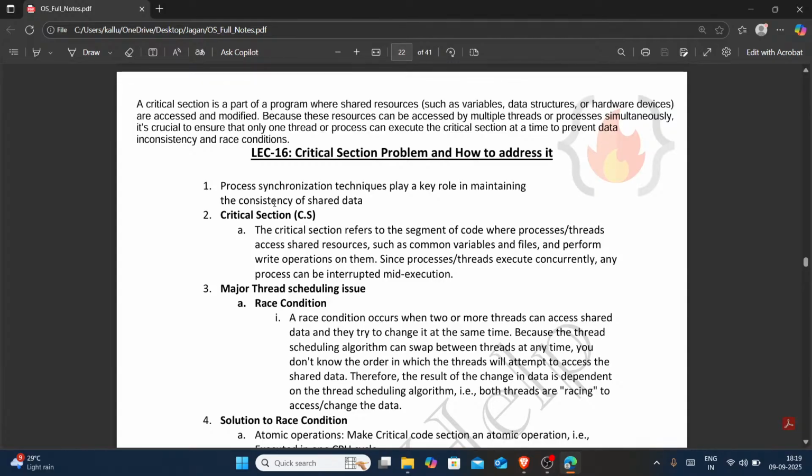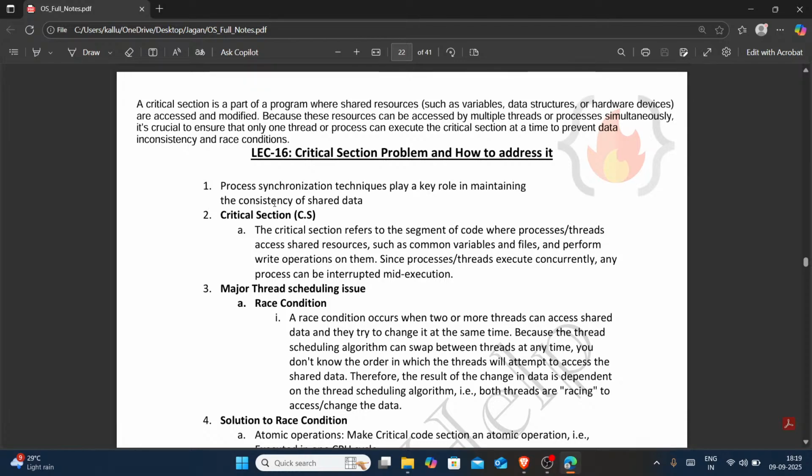Since processes or threads execute concurrently, any process can be interrupted mid-execution.